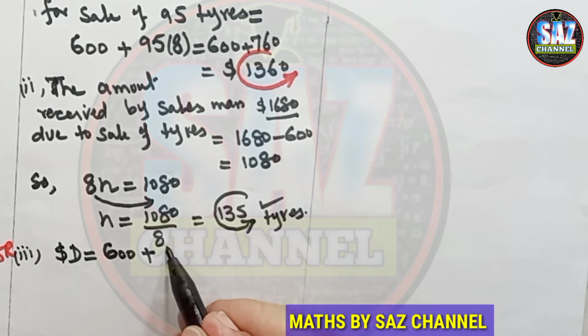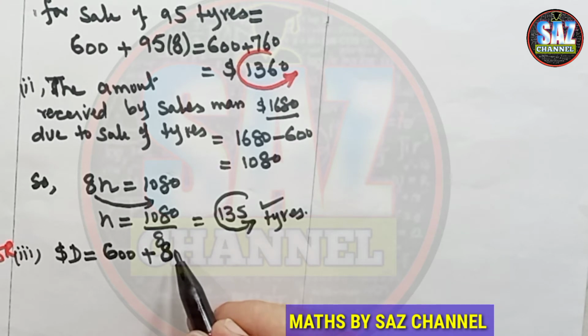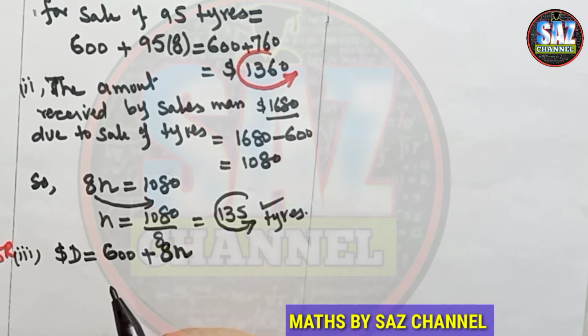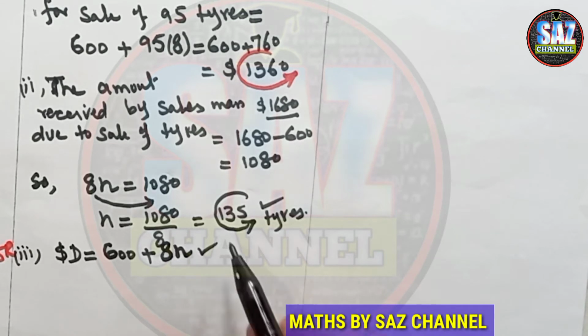For the sale of one tire, he's getting 8 rupees. How many tires he will be selling, he will be getting that amount. So the equation that will connect D with N will be D equals 600 plus 8N. I hope you are clear about this part.